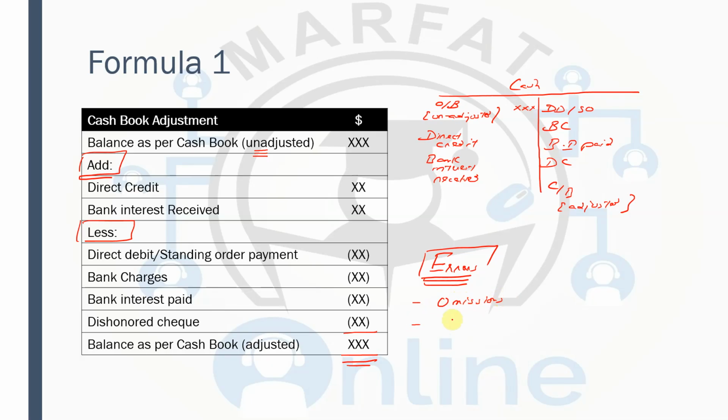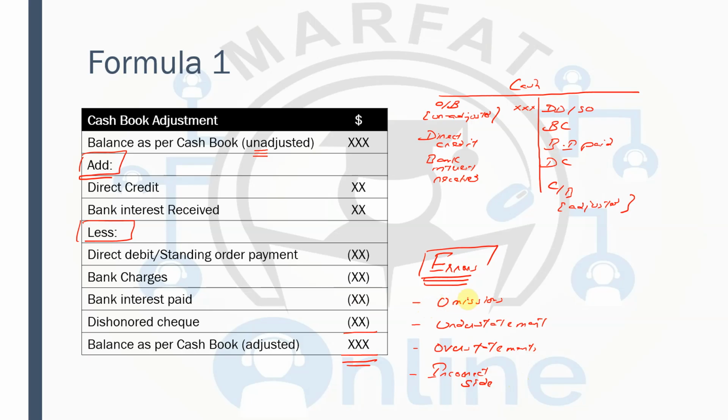Errors may be related to understatements, that means you recorded less amounts. Errors may be related to overstatements, that you recorded more amounts than actual. Or errors may be related to the incorrect side, putting the balance on the incorrect side of the T account. So there may be four types of errors.